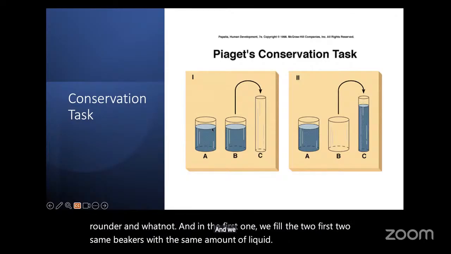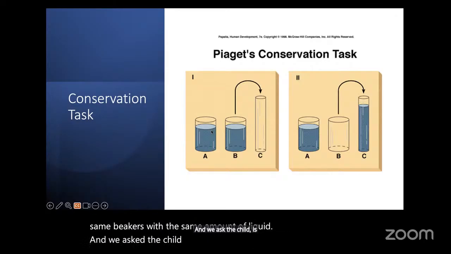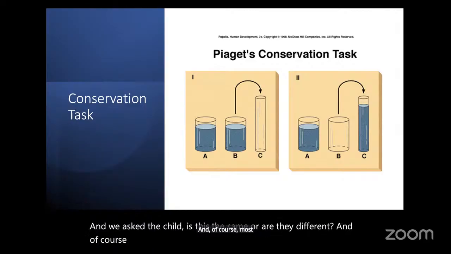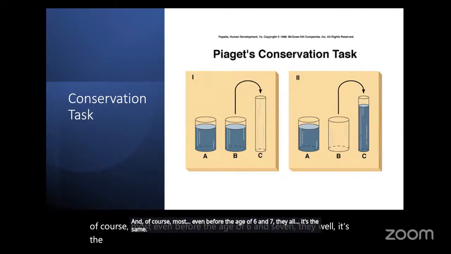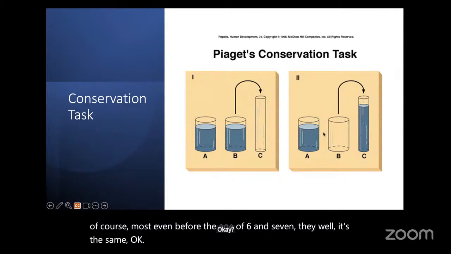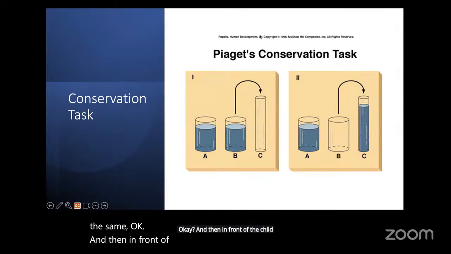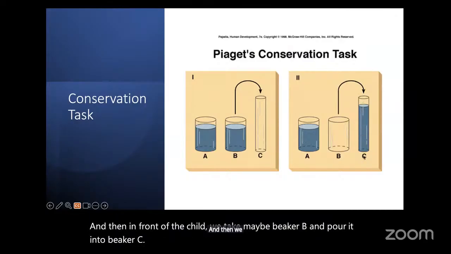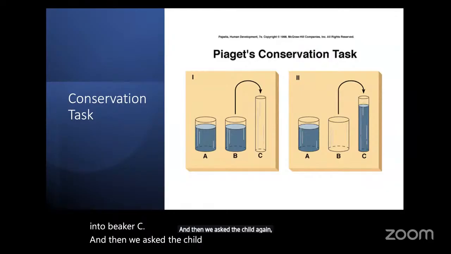And we ask the child, is this the same or are they different? And of course, most, even before the age of 6 and 7, say, well, it's the same. Okay. And then in front of the child, we take maybe beaker B and pour it into beaker C. And then we ask the child again, is there the same amount or is it different?